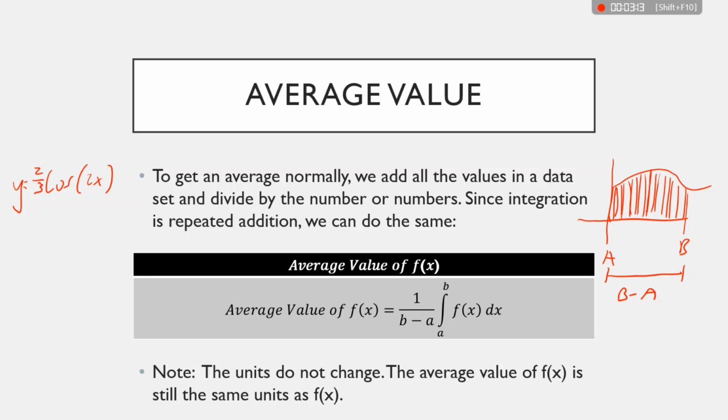I have y equals 2/3 cosine of 2x. I'm going to go from x equals pi to x equals 3 pi over 2. I want to find my average value on this interval. So if I graph this, the graph will look like this.